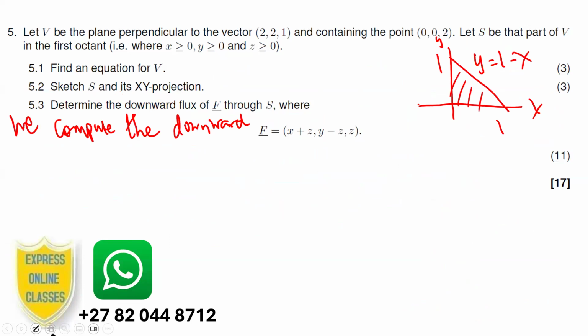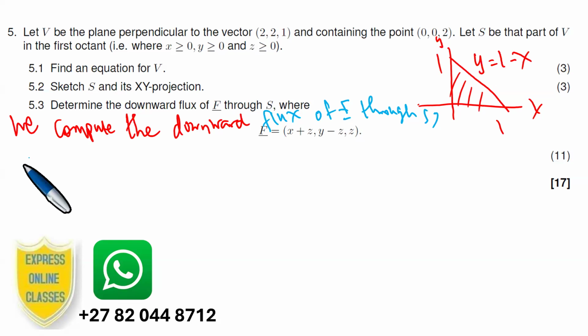Right, so we compute the downward flux of F through S. So we continue.